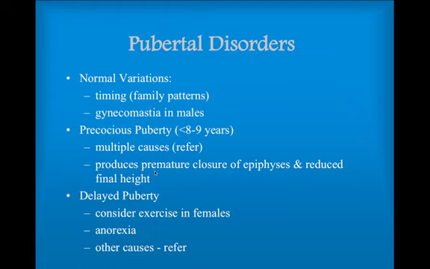Gymnastics and running are both sort of famous for that. Also consider anorexia as a cause. Don't forget that there can be normal variations in terms of family patterns. And if you're not coming up with any good reason for why the child has delayed puberty, again, you might want to refer this to the endocrinologist to see if they can isolate any cause for it.